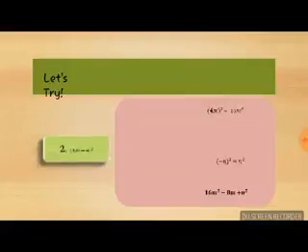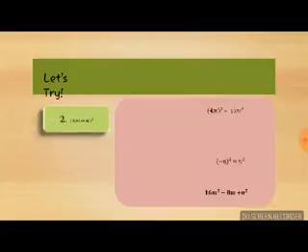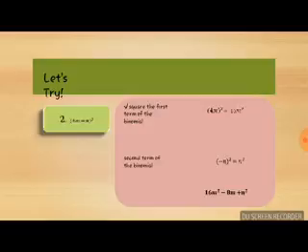Example number 2. Quantity 4m minus n squared. First, square the first term of the binomial. 4m squared is equal to 16m squared. Twice the product of the first and the second term of the binomial. 4m times negative n is equal to negative 4mn.